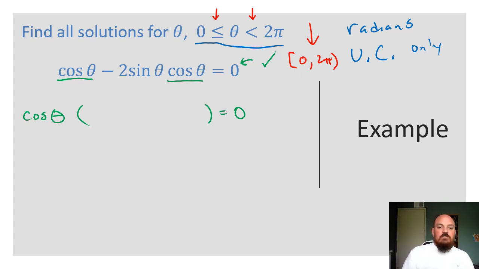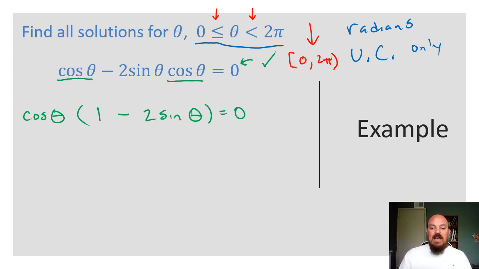So cosine theta divided by cosine theta is 1. So my first term is just 1. Minus, and then if I divide that cosine theta out, it'll be 2 sine theta. So I have factored it. It's equal to 0. What I'm looking at is what we just reviewed, the zero product property.